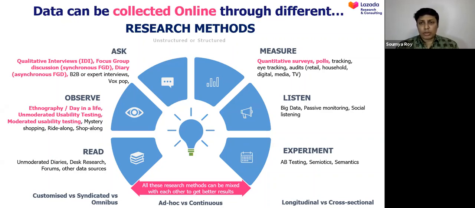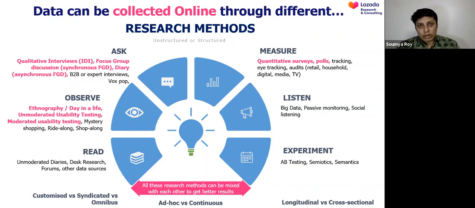Similarly, for quantitative, we can have quantitative surveys, opinion polls, eye tracking, audits. Similarly, for secondary research, we can have passive monitoring or social listening, which is like you don't have to actively do research, but you can collect data from there, big data.